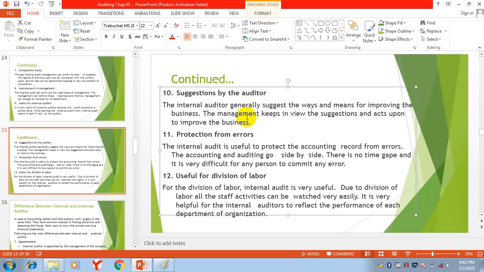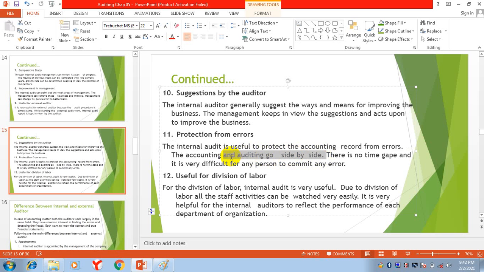Then protection from errors. The internal audit is useful to protect the accounting records from error. He is continuously checking the accounting record, and if there are some weaknesses, he is there and he will pinpoint these errors and mistakes. The accounting and auditing go side by side.